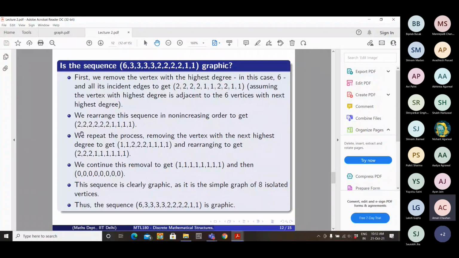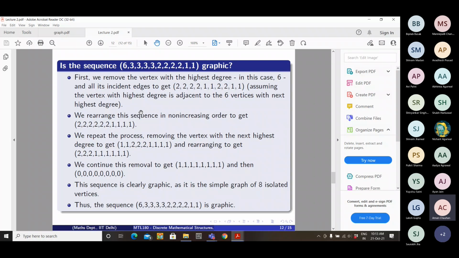Again apply the Havel-Hakimi theorem here, you will get the degree sequence as this one. If we again rearrange, you will get this degree sequence, and again apply the Havel-Hakimi theorem, you will get the degree sequence as this. So this is graphic if and only if this is graphic, and this is graphic if and only if this is graphic. So that's all. And therefore, since this last sequence is graphic, our original sequence is graphic.